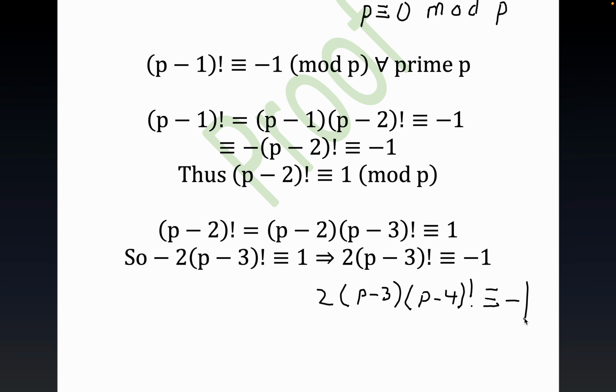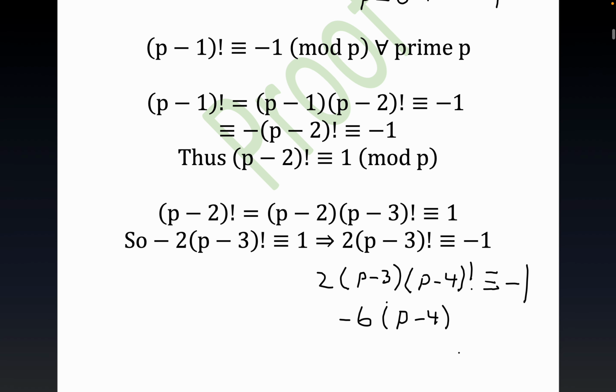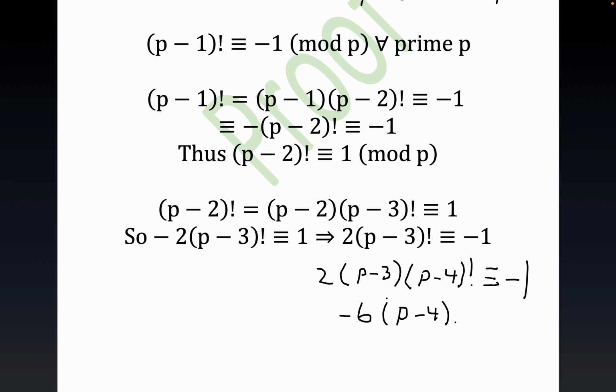But you see what happens right here, folks. You can see our result will follow because you can rewrite this. This piece right here would just be -6 times, see, you have the -6 right here, and then you still have times p minus 4 factorial, is congruent to -1.